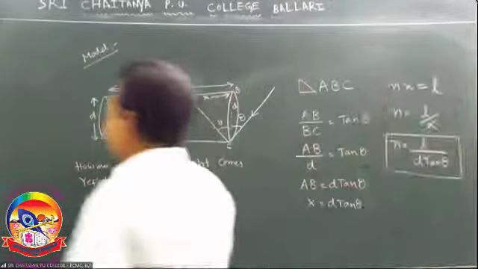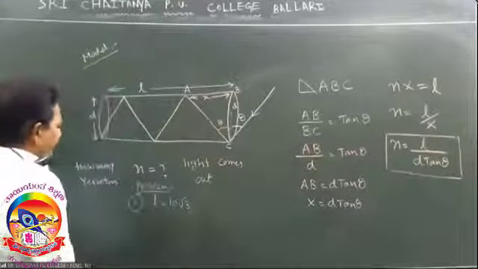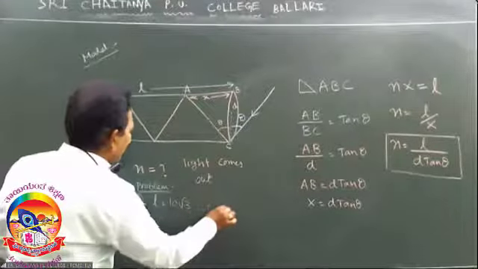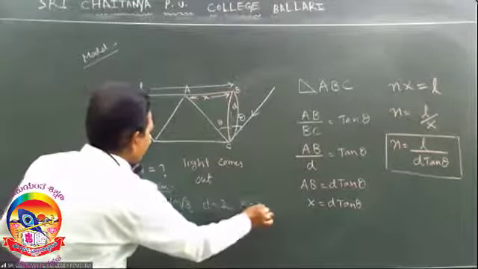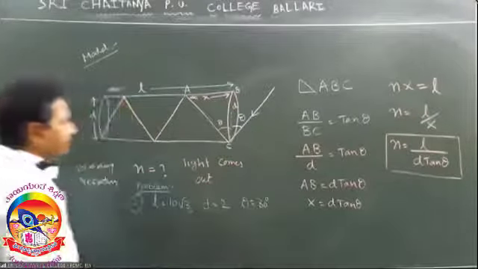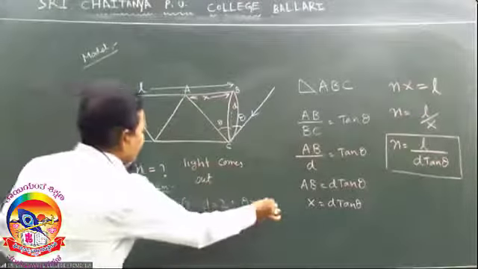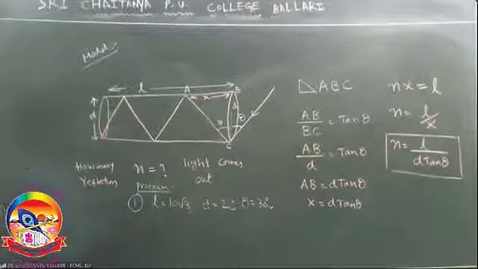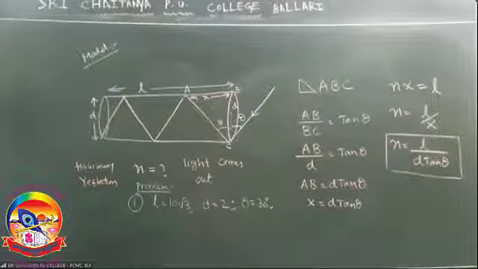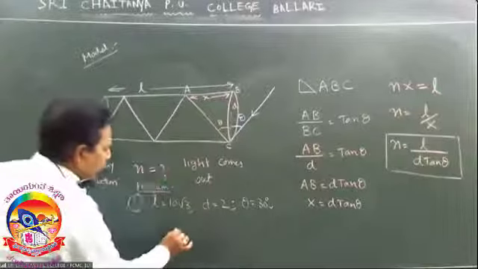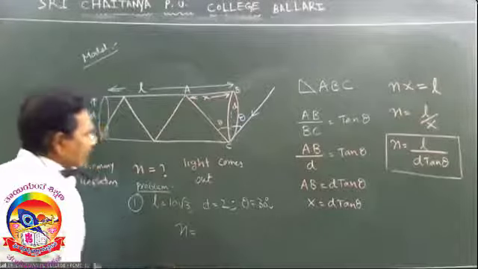So, L is equal to 10 root 3. Diameter, imagine 2, theta 30 degrees. All in MKS system. No need to tell. If it is in centimeters or millimeters, we have to convert. So N is equal to, I am doing the problem here itself.